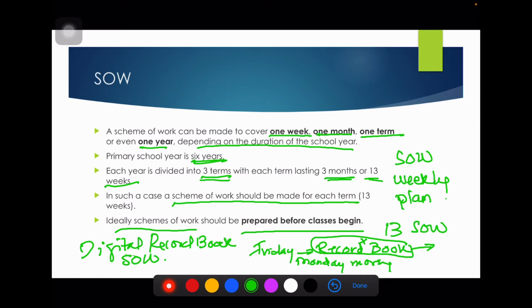And then we send the file to our superior, and the superior will e-sign on our digital record book. So the digital record book allows us to write as long as we want. So that's the one good thing. Whereas the physical book here is very limited, so you have to really write very small.